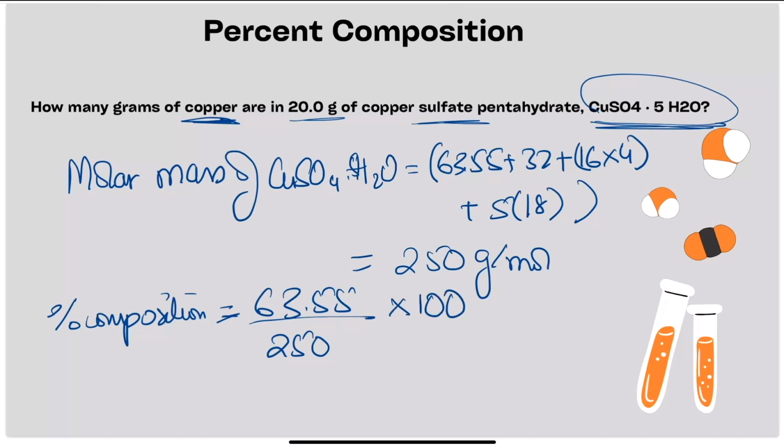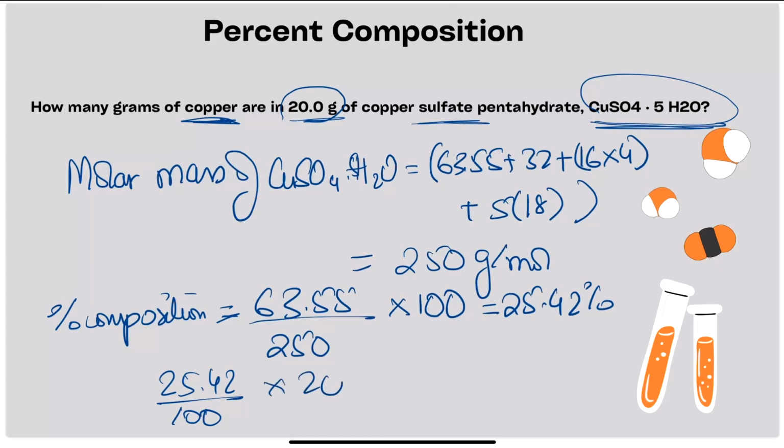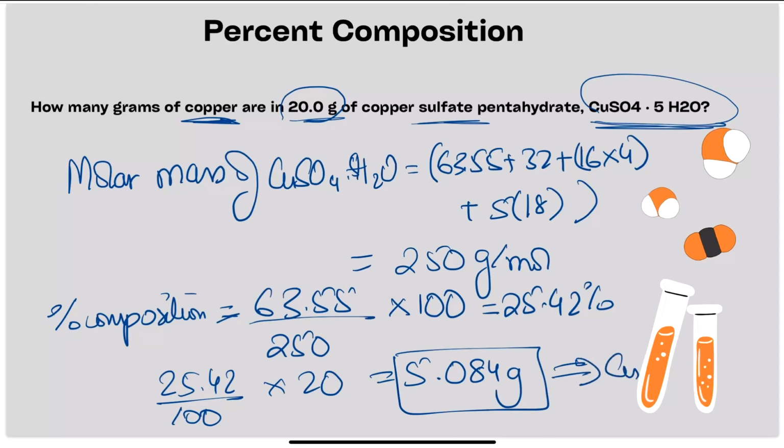When you compute that, it comes up to about 25.42%. So how much of it is in 20 grams? You're going to say 25.42 divided by 100 times 20. That is going to give you about 5.084 grams. So this is the amount of copper you have in copper sulfate pentahydrate.